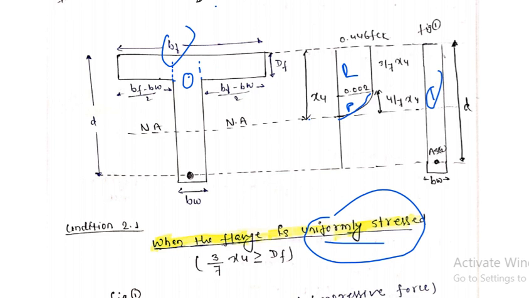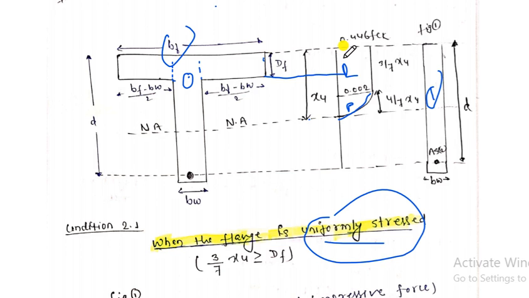So let me tell you, my dear friends, as you can see, this is the depth of the flange. The depth of the flange lies completely in these sections only, that is, it is continuously immersed in the rectangular stress distribution only.